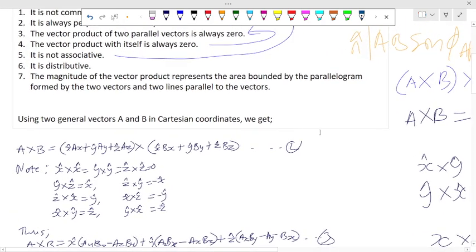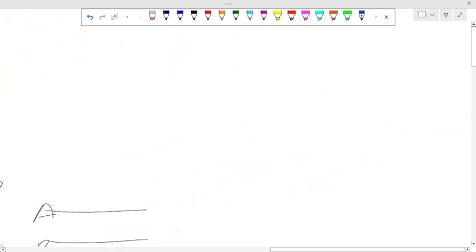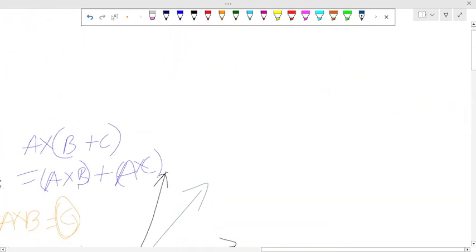The last one: the magnitude of the vector product represents the area of the parallelogram formed by the two vectors and lines parallel to the vectors. What do we mean?